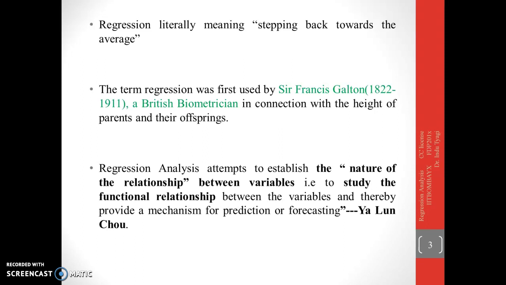Regression analysis attempts to establish the nature of the relationship between variables, that is, to study the functional relationship between the variables and thereby provide a mechanism for prediction or forecasting. This is the definition given by Yao-Lin Chou.